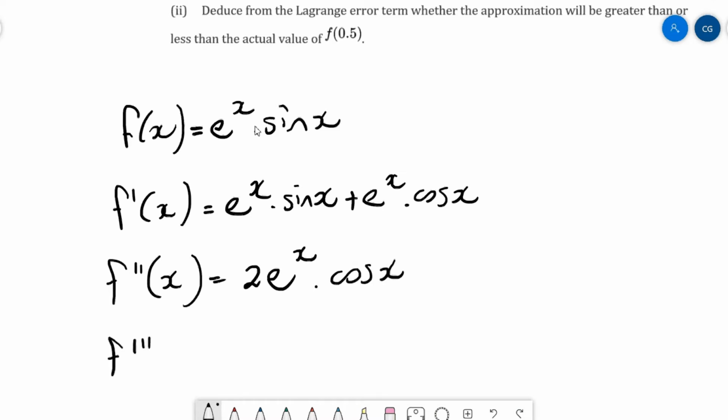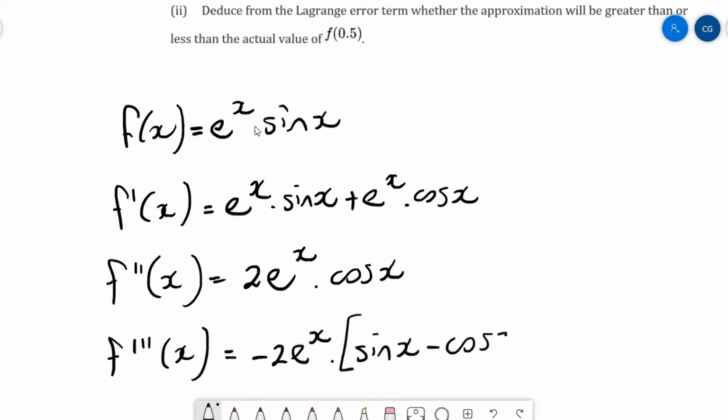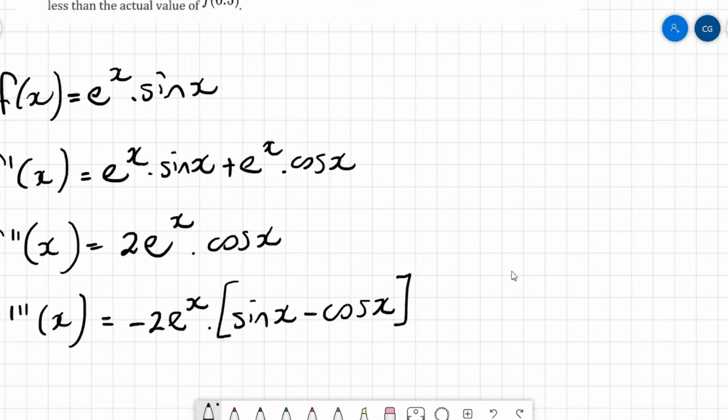Then for our third derivative, we're going to find negative 2 times e to the power of x times, and we can make a little bracket here, sine of x minus cosine of x. This is just in simplified form. You can go and find the derivatives by hand for each one of those.